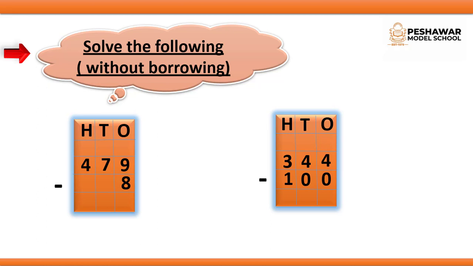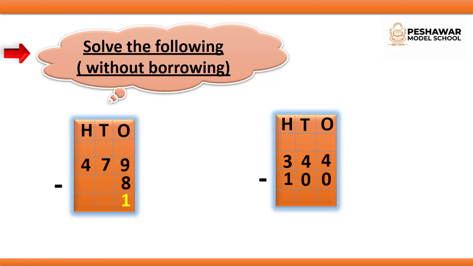We start subtracting from the ones place. In the ones place we have 9 and 8. 9 minus 8 equals 1. Now we move to the tens place.